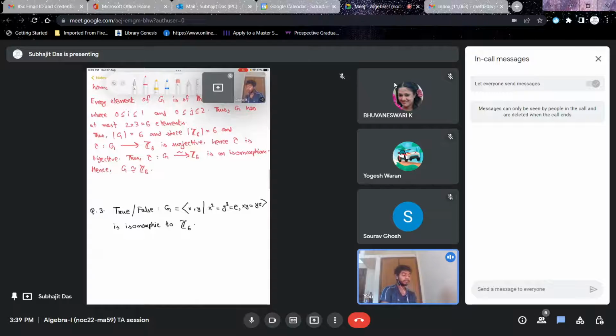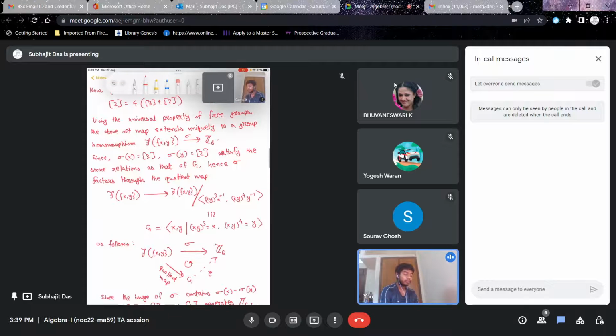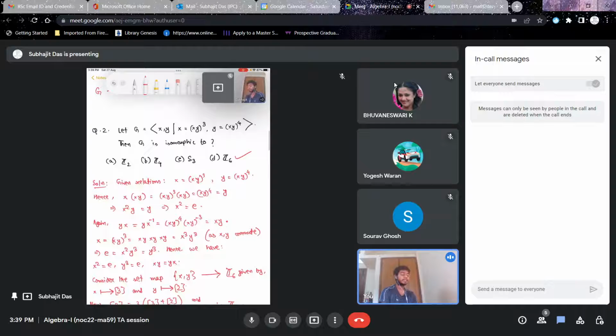Now observe that we are given the same thing here, right? G is generated by x and y, and x square is identity, y cube is identity, and xy is yx. So it's very plausible that it will be isomorphic to Z6. There's not much to check here, because right after we showed that these three relations hold for the previous group, we never used the other two relations, that is the original two relations, x is xy whole cube and y is xy whole to the power 4.